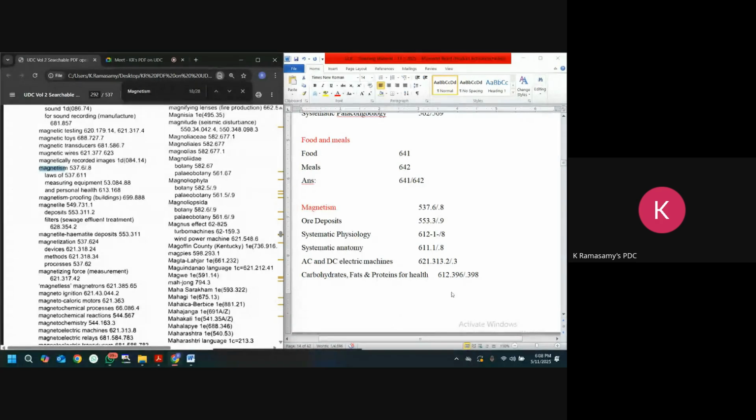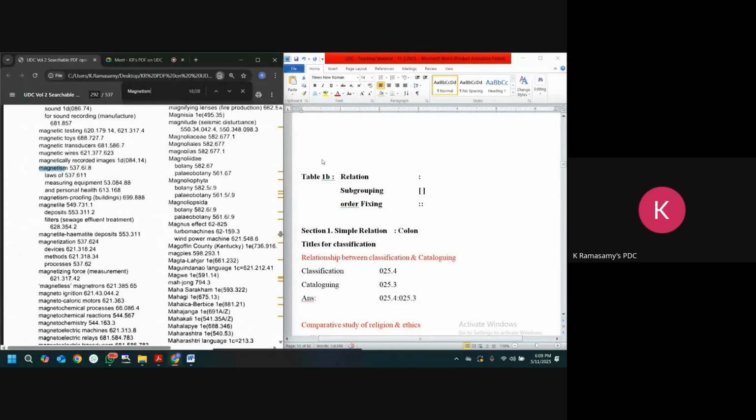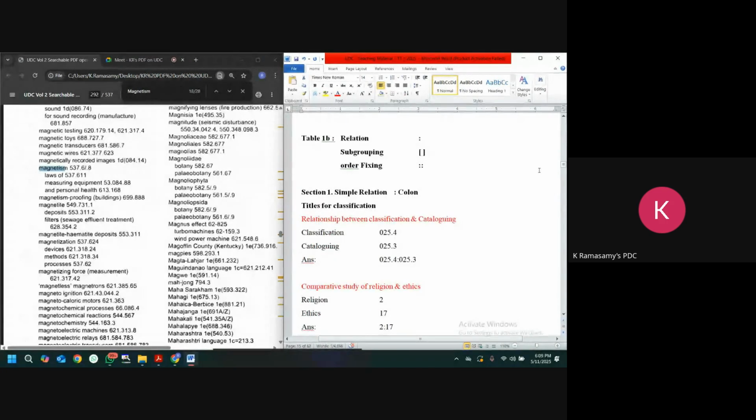Both are possible. So we have learned Table 1A, which talks about coordination and extension. The symbol for coordination is plus and the symbol for extension is the slash symbol, the stroke symbol. I think it's clear. Then let me go on to Table 1B. Table 1B in common auxiliaries, section 1, talks about three different kinds of signs.